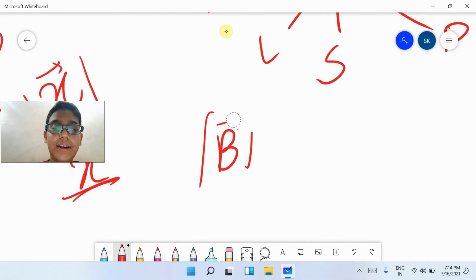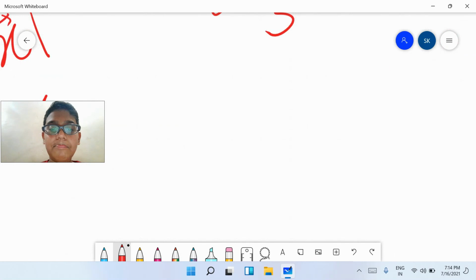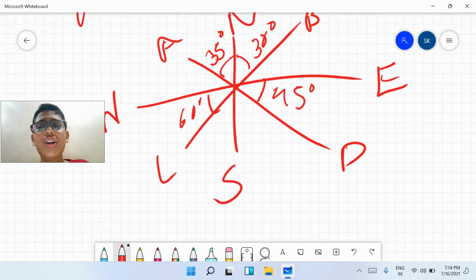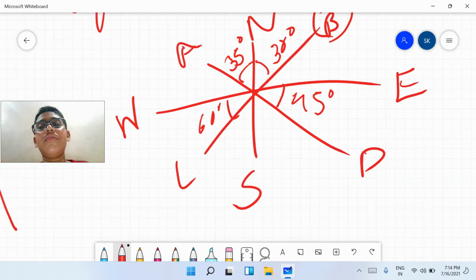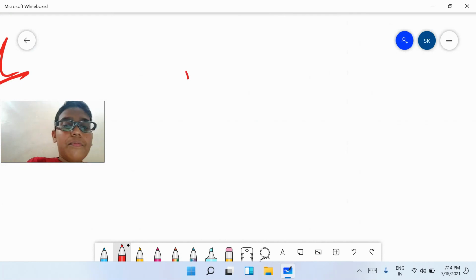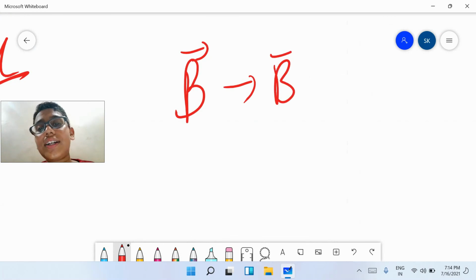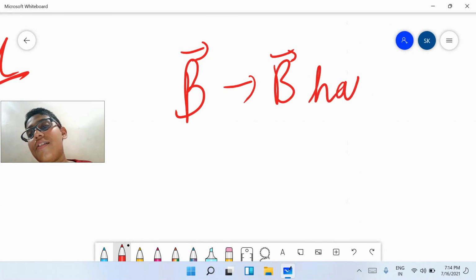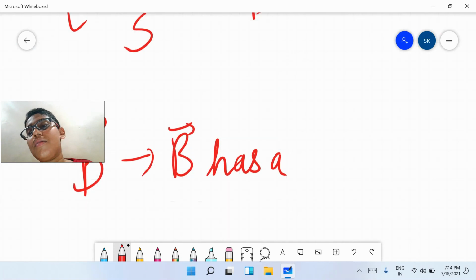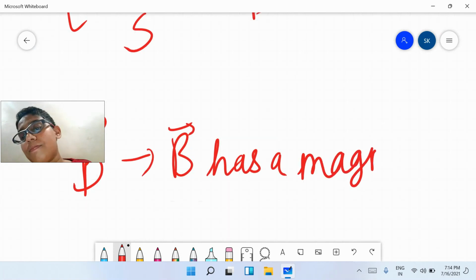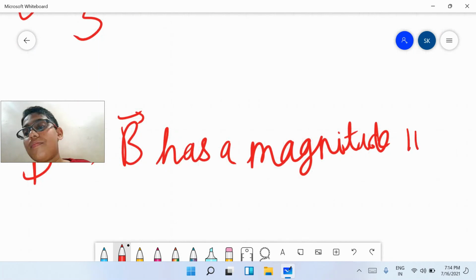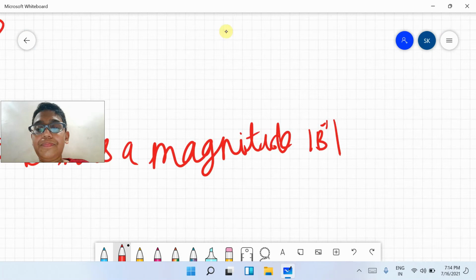So now B. One minute, I will rub this one. I am clarifying only about B, others you can make by yourself. So B vector, what can we see? B vector has a magnitude of this sign, it can be anything, no?